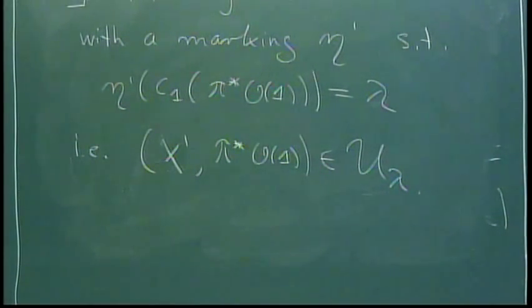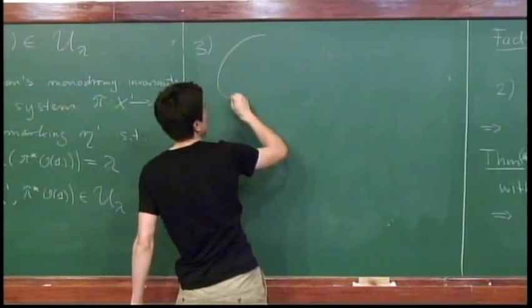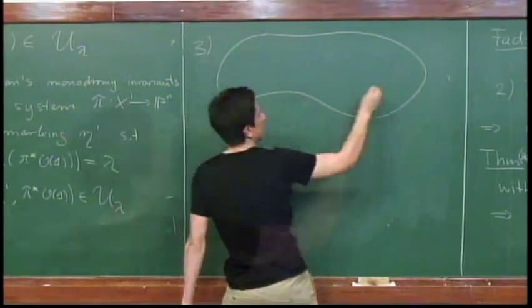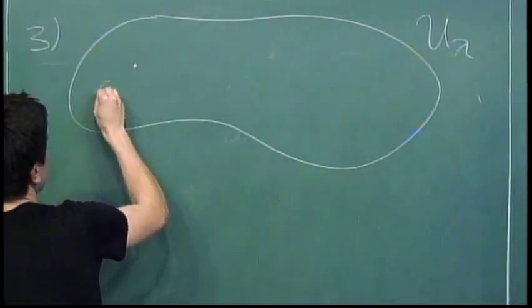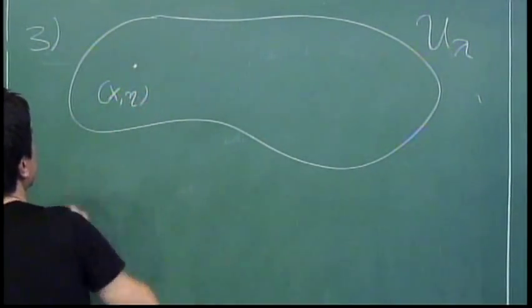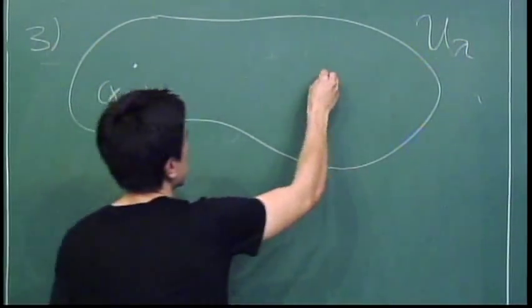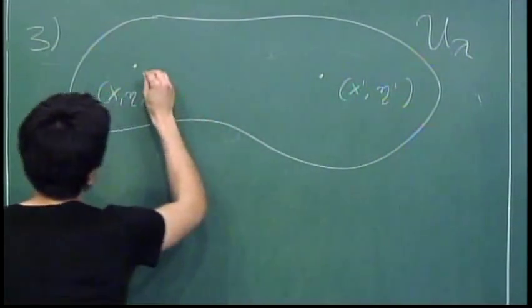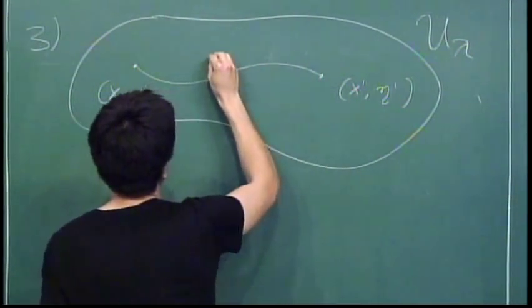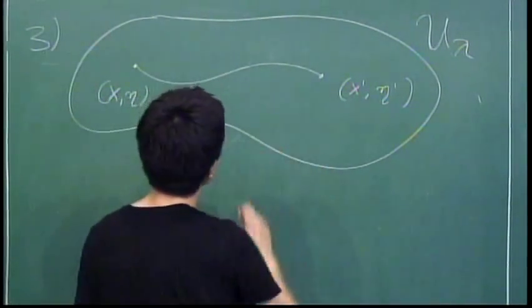Yeah, and what you now do is, so we have the following picture. You have somehow here our connected component U_lambda. Somewhere we have our Lagrangian fibration (X, eta) we started with. And somewhere here we have our Mukai system. Yeah, and then we just choose points between them.